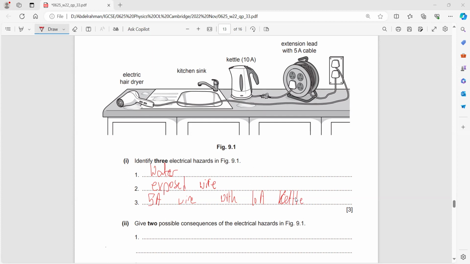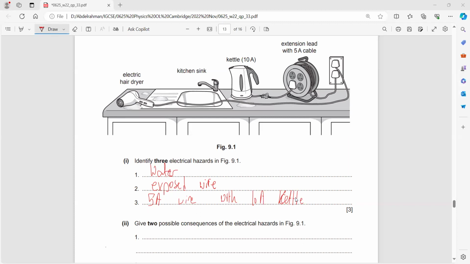So you need to specify the problem with the difference. You need to specify that the current required for the kettle was 10 amperes and the maximum current that could be supplied by the wire is only 5 amperes. So this would be a problem. The wire will eventually melt.